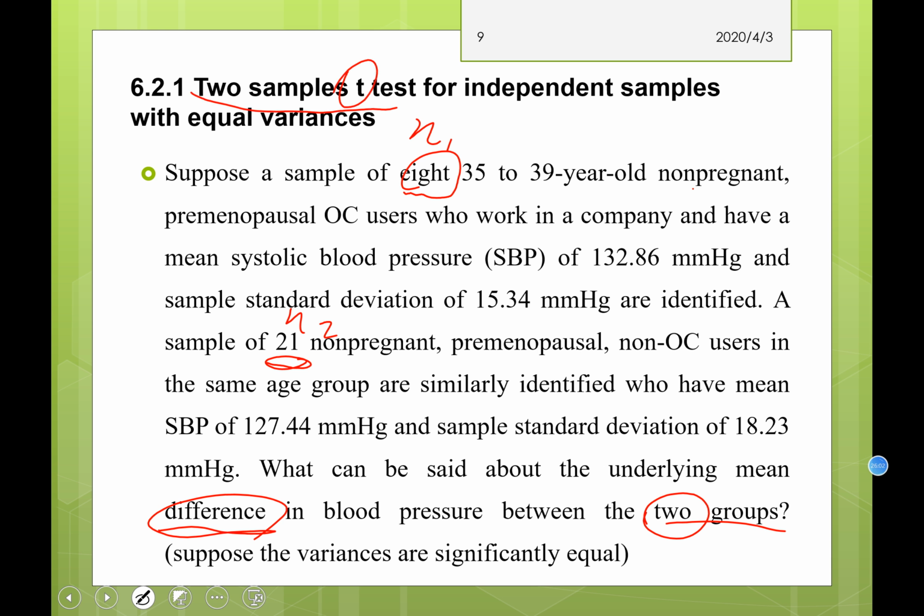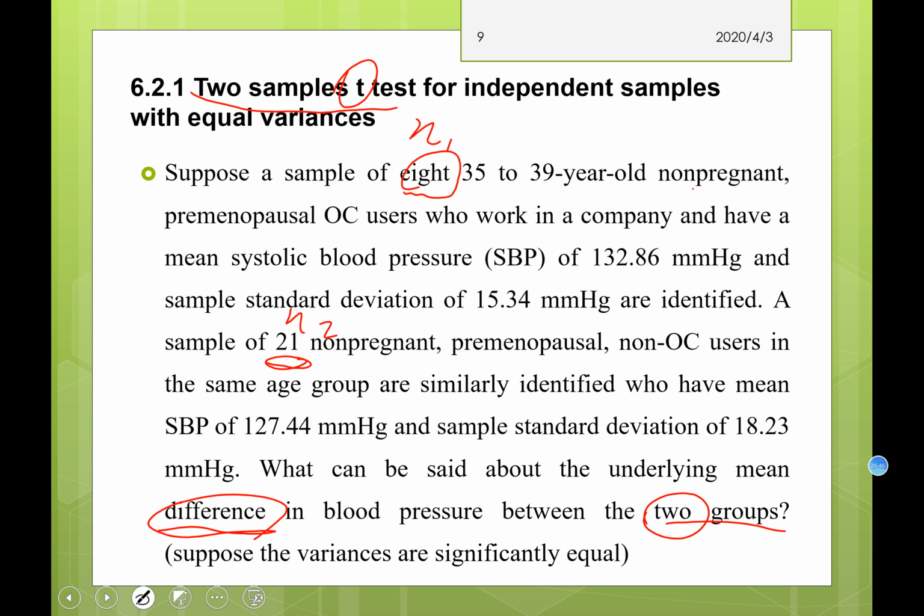But which method can we choose? Paired t-test or independent t-test? We need to know if the study is matched or independent. If the question is about paired samples, there will be some keywords such as before and after, or matched, or paired.